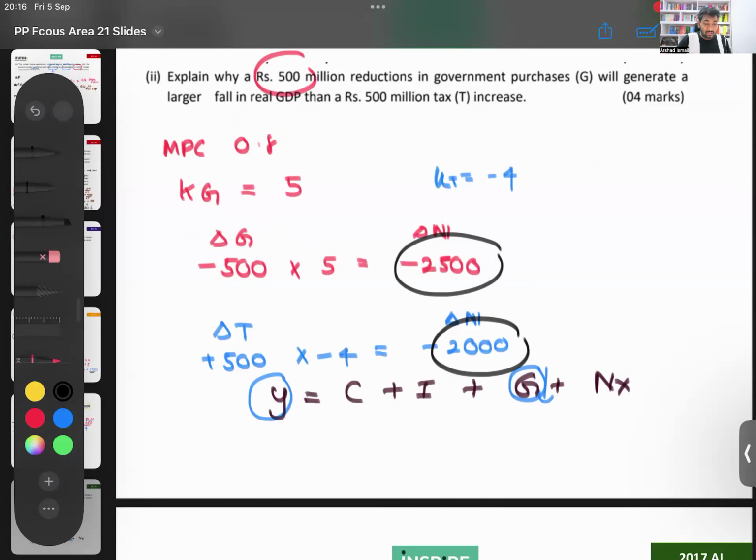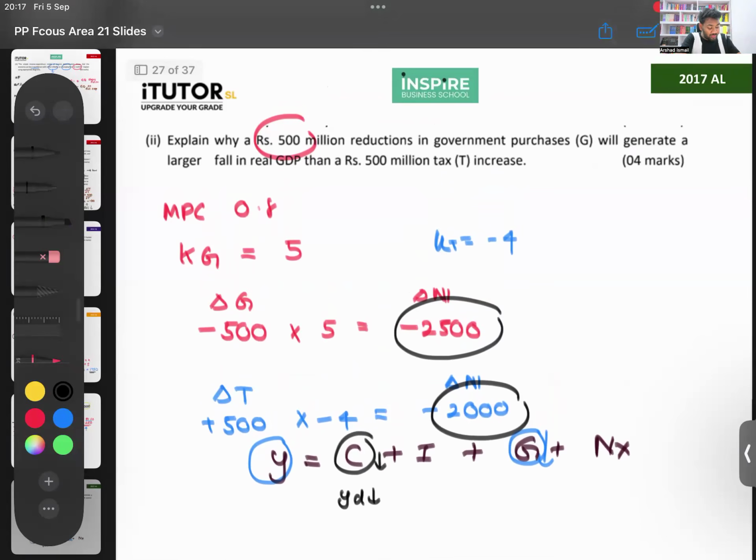If you change taxes, your disposable income changes, and only a part of it gets passed on to consumption, because with an MPC of 0.8, you consume 0.8 of your income. So consumption will only change a little. Government spending is a direct component, so national income falls a lot.